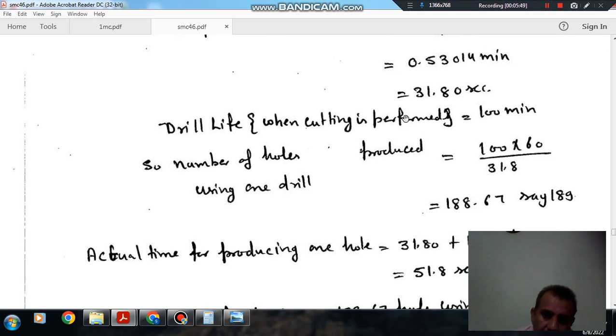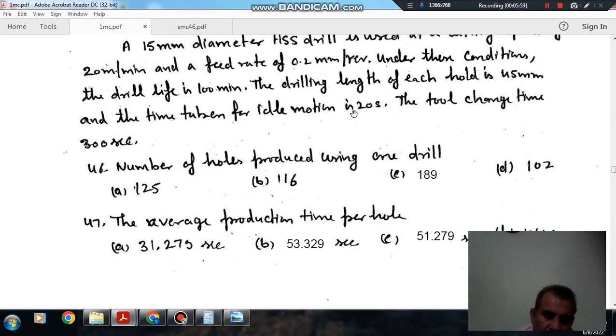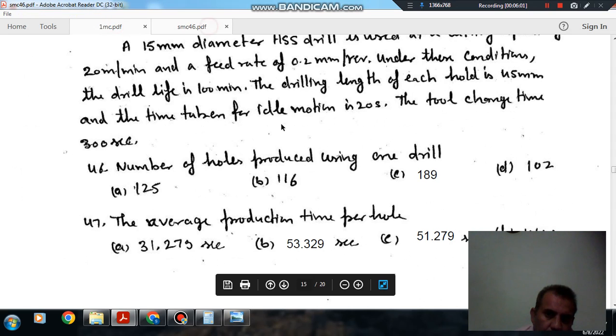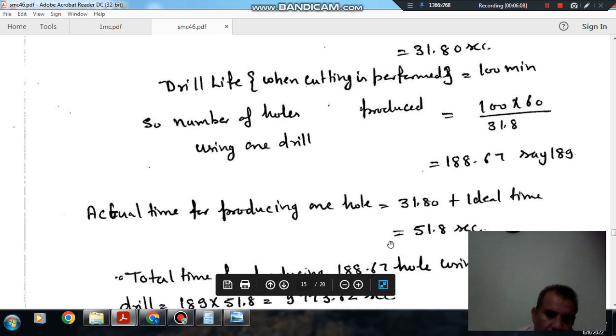So the number of holes produced by using one drill is 189. When the cutting time of one hole is 31.8 seconds, there is an idle time also, given as 20 seconds. So the total time for producing one hole is 31.8 plus 20, that is 51.8 seconds.